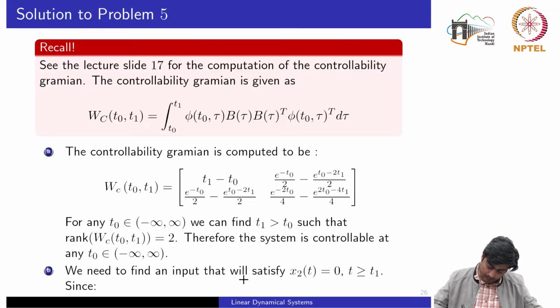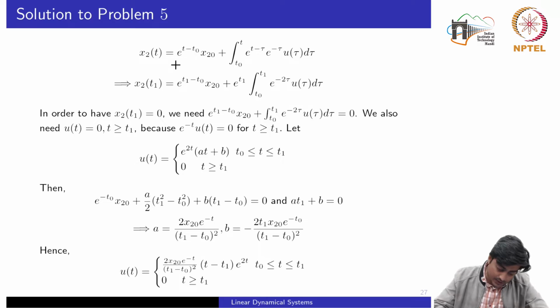So we need to find an input that will satisfy x2 equal to 0 for all t greater than or equal to t1, because x2 at t1 should reach 0. Now if you see the solution of only this state equation, we can express the solution in this way, where the state transition matrix would be an exponential term because of the non-dependence of the A matrix on time t.